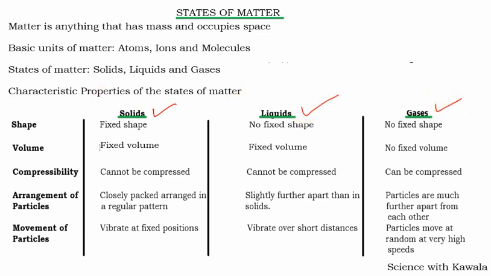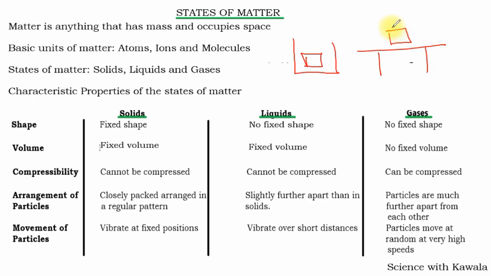So let's begin. Let's look at the shape of solids, liquids, and gases. For solids, they have a fixed shape. Liquids, they don't have a fixed shape. Gases, they have no fixed shape either. So, what does it mean when we say a solid has a fixed shape? Simply means that if we have a solid, let's imagine a glass block, and we place it on the table, you find that the shape will not change.